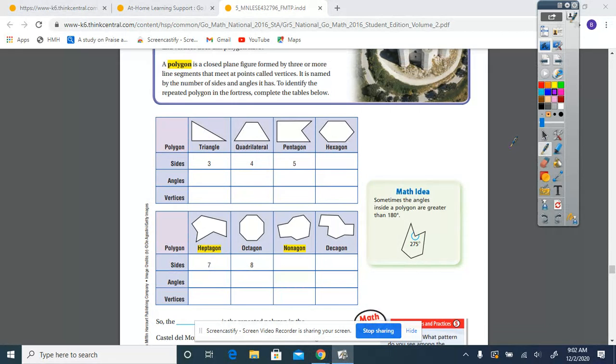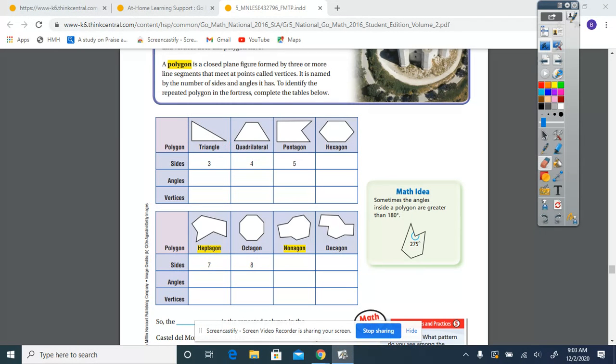For a triangle, I want you to think of the word triangle like a tricycle. A tricycle has three wheels. When they mention angles, they are more specifically talking about the angles inside the triangle.